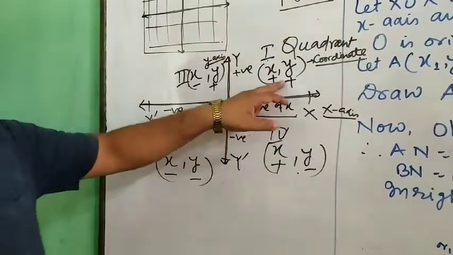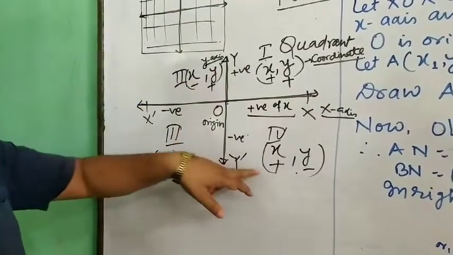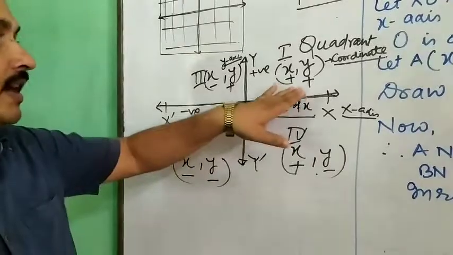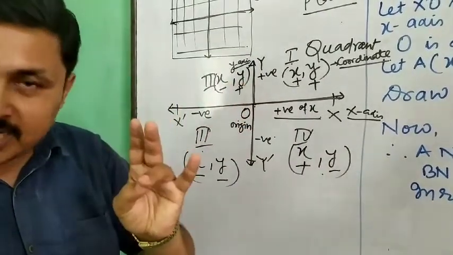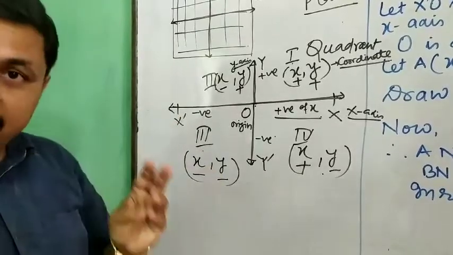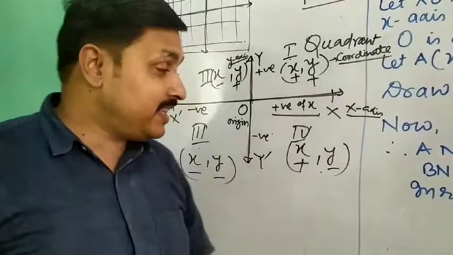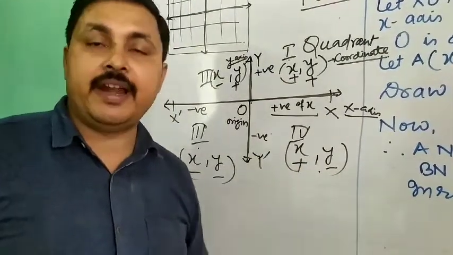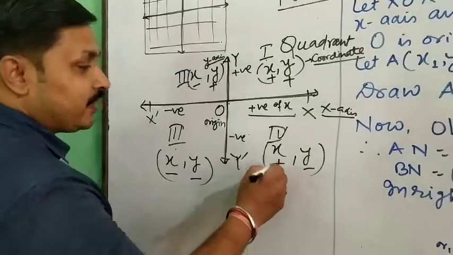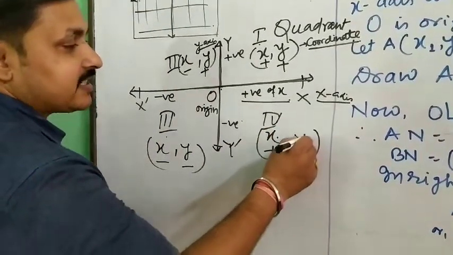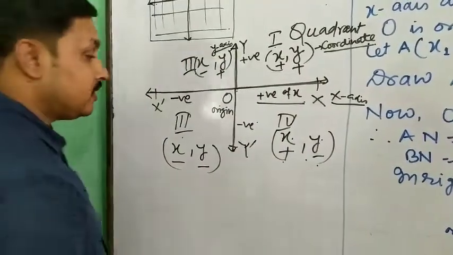So first quadrant positive positive, second quadrant negative positive, third quadrant negative negative, fourth quadrant positive negative. In this way, your first sign represents x and second sign represents y in every quadrant.